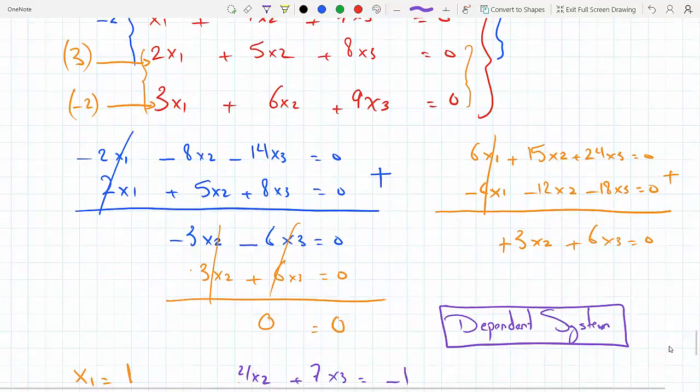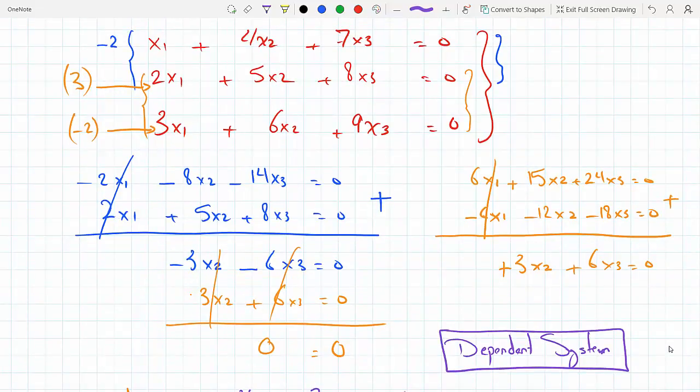And for the second equation, let me use the third equation instead, it's better.